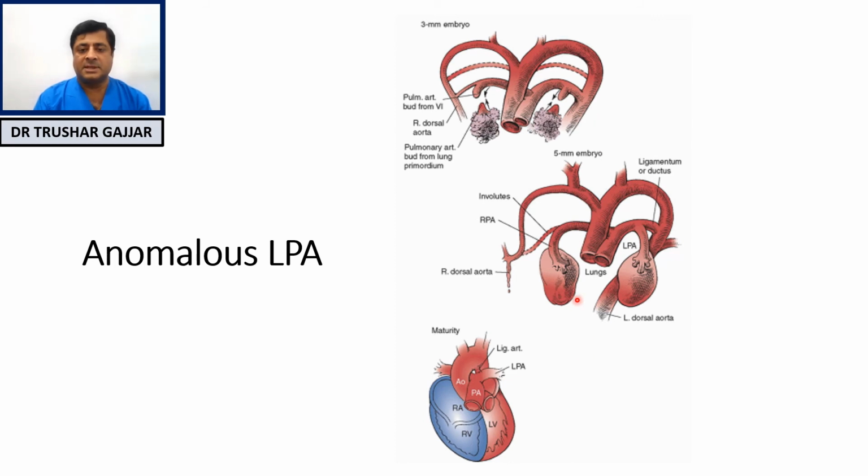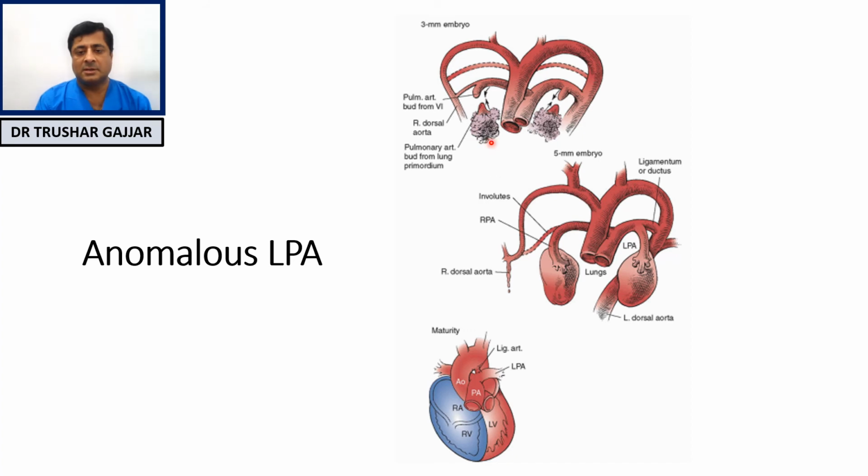So if you see, the pulmonary artery develops from the sixth arch. The proximal portion of the sixth arch will form the proximal left pulmonary artery or the right pulmonary artery. The distal pulmonary artery forms from the lung bud.